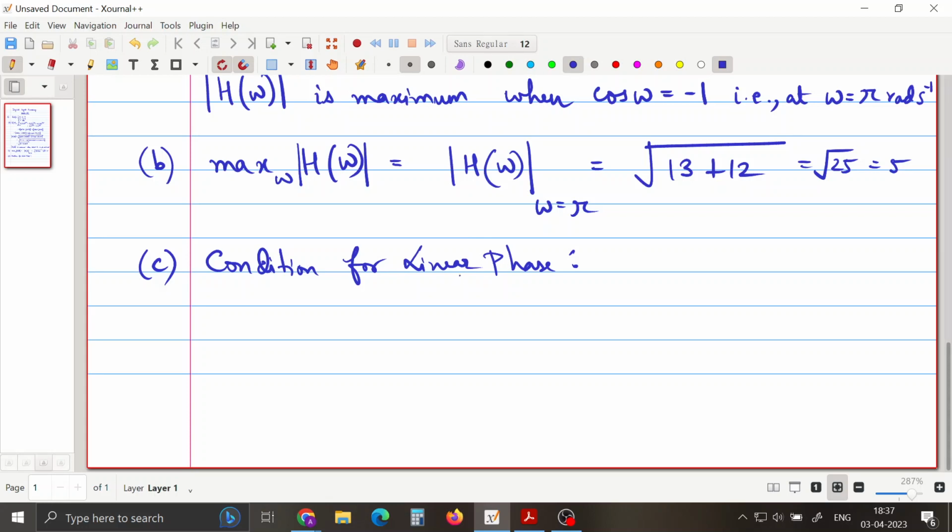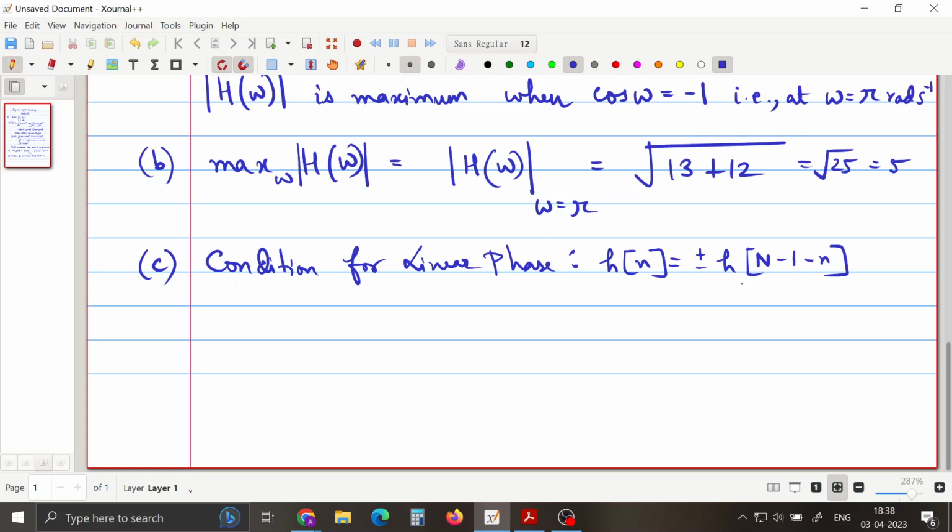So what's the condition for linear phase? The condition on the impulse response for a linear phase filter is h of n should be equal to plus or minus h of capital N minus 1 minus small n. Okay, this is the condition. It can have either a plus sign or a minus sign.